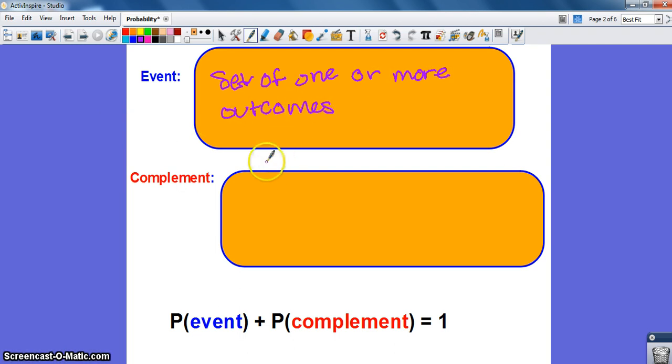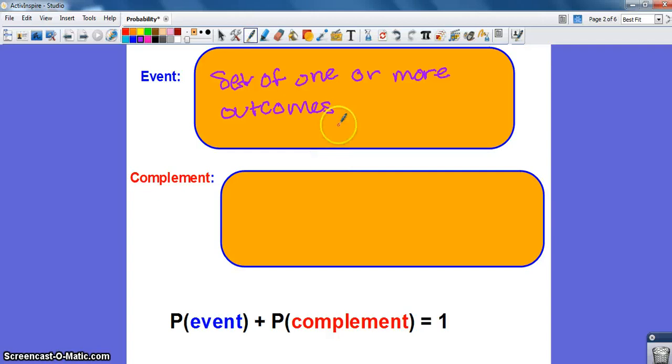And if you look down here, the event could be, like we said earlier, flipping a coin, or another example of an event could be rolling a dice and getting a certain number. Like if I rolled a dice and I want to know the probability of getting a 5, that could be the event as well.